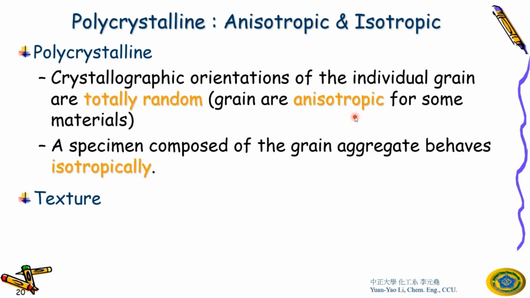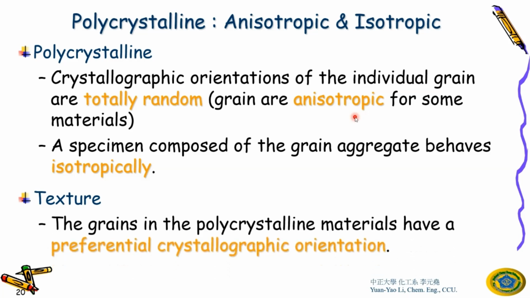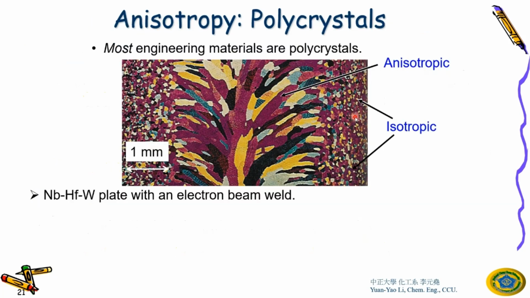A single small grain gives you an anisotropic property, but if you put all the grains together as a whole, then this represents isotropic property. So texture: the grains in the polycrystalline materials have a preferred crystallographic orientation. If the grains grow in the same directions, this is called texture.